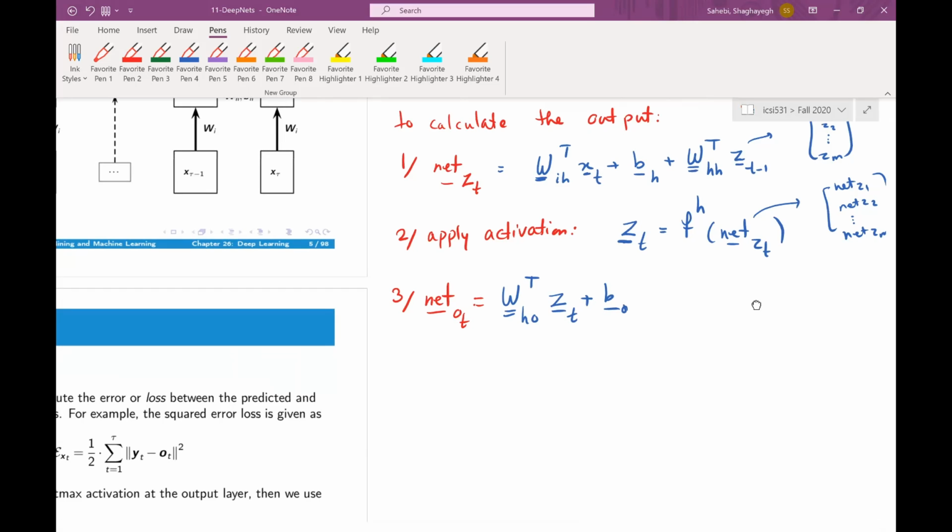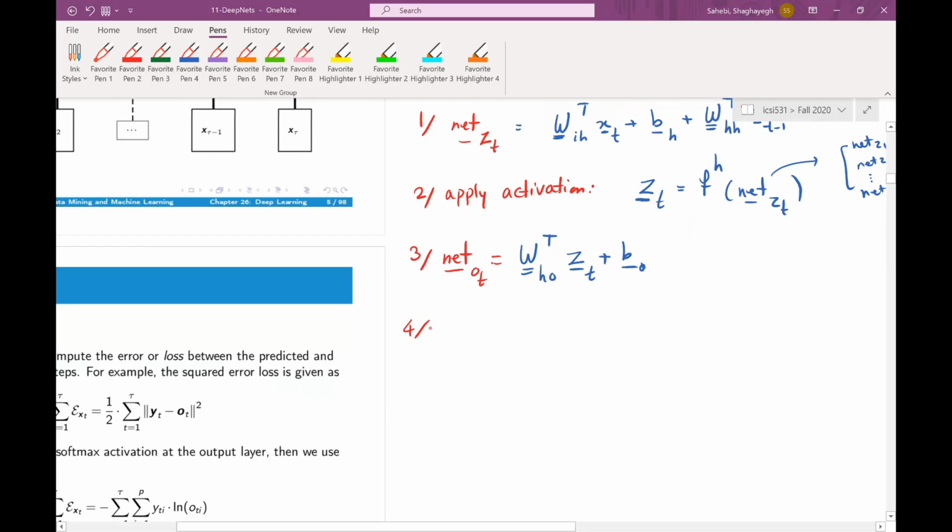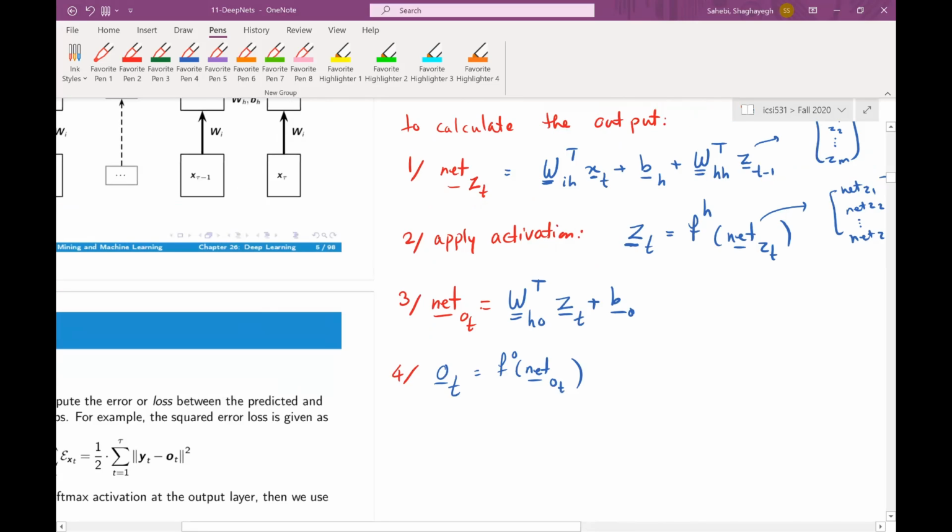And finally, we are going to apply activation over the net o. So we are going to calculate the output o_t as f_O of net o_t. This is also similar to MLP. Okay. And so this is the forward pass.